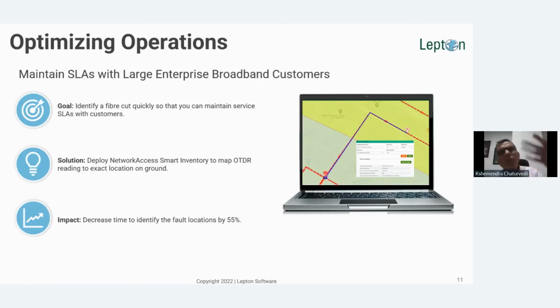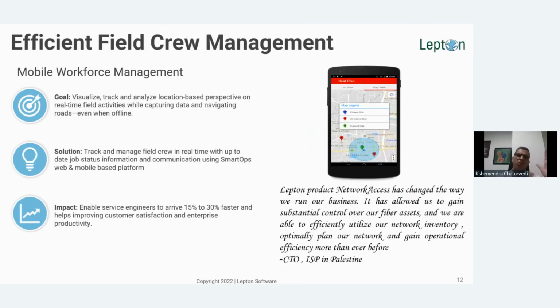Since this is just an introductory overview, we'll touch upon the surface of each use case, move on, and talk in detail in subsequent sessions. So once we have the operations, how can we optimize them unless we have an efficient field crew? That's another aspect we want to talk about.